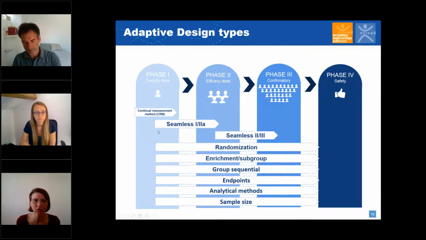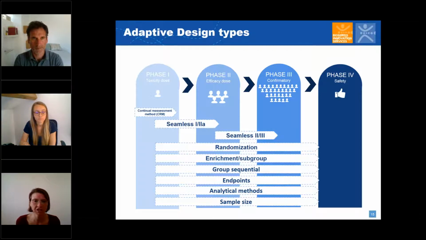A seamless design combines two development phases traditionally carried out in separate trials in one single study. And based on the review of interim data, adaptations include trial and/or statistical procedures and can occur in different development phases.